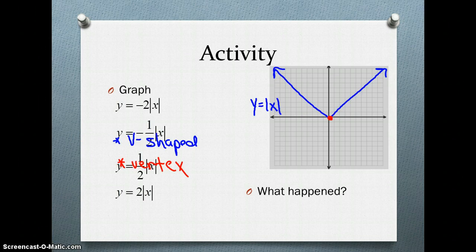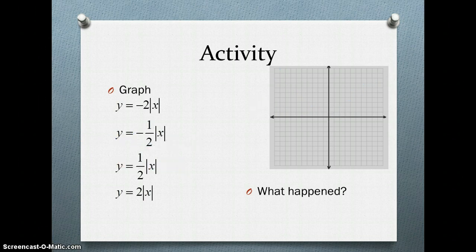So let's take a look at this. And again, that is y is equal to the absolute value of x. So everything is compared to that. Now with these, you may want to do a t-table.